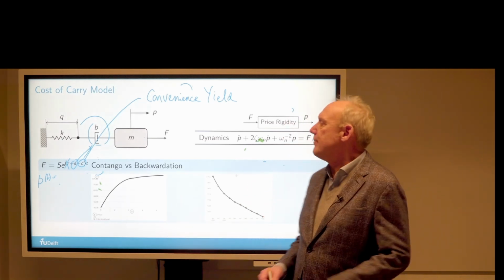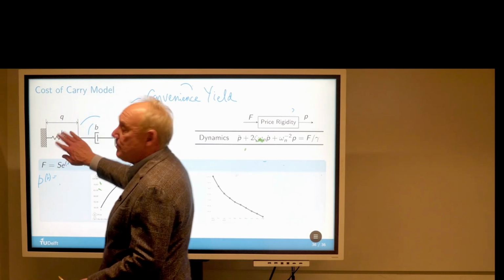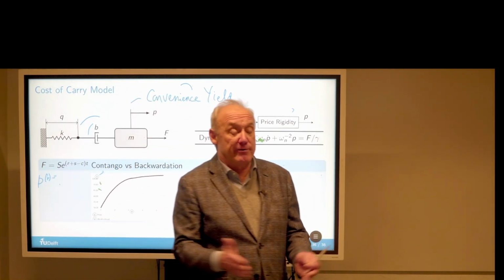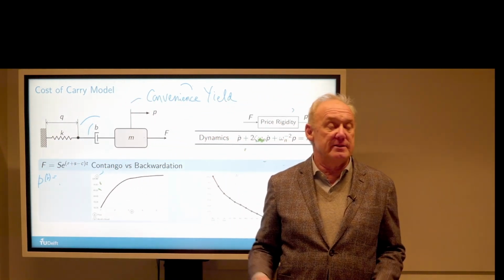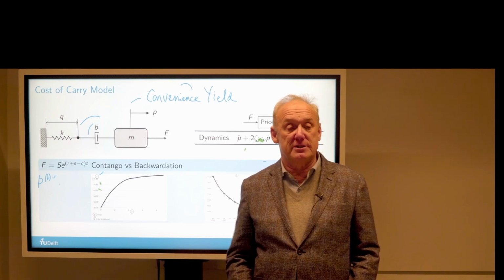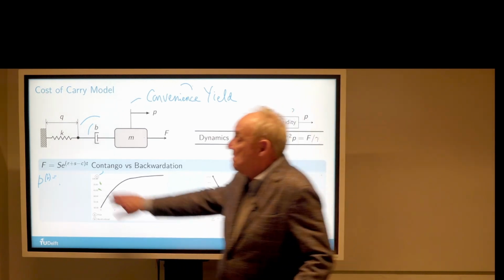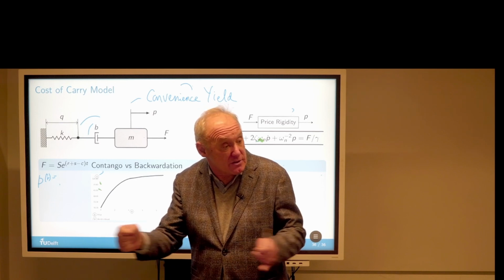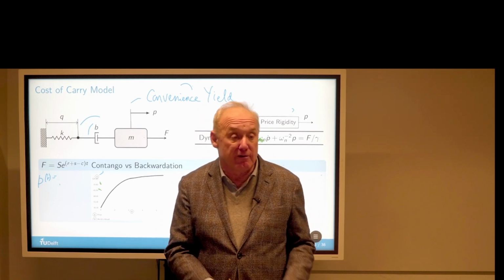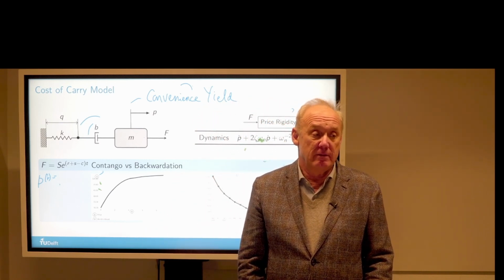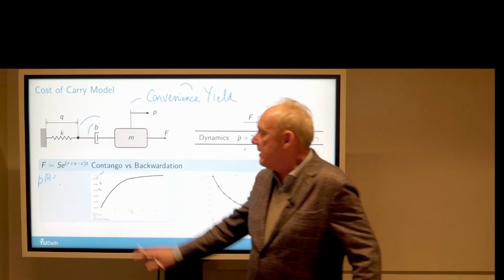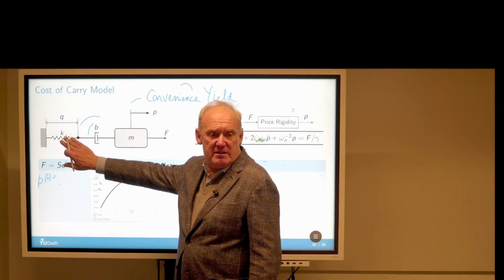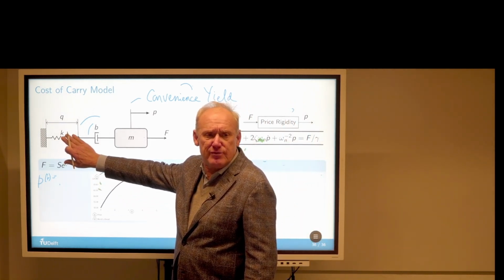Now, where does that come from in our model? Well, that comes from the spring force, of course, because the spring force tells you how convenient this is for you. If the spring force is 0, that means you don't care. You don't want more, you don't want less. And the higher the spring force, the storage rate, the more convenient. We call that the convenience, right? So this is the potential force.